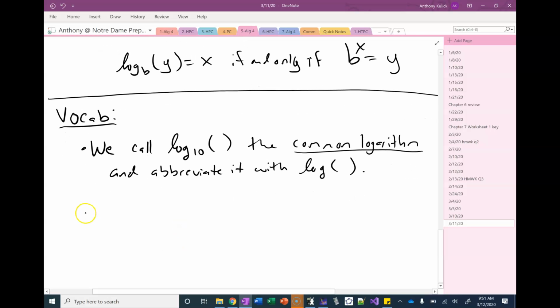Right? There's a second logarithm that we have a special name for. That's log base e. We call this one the natural logarithm.